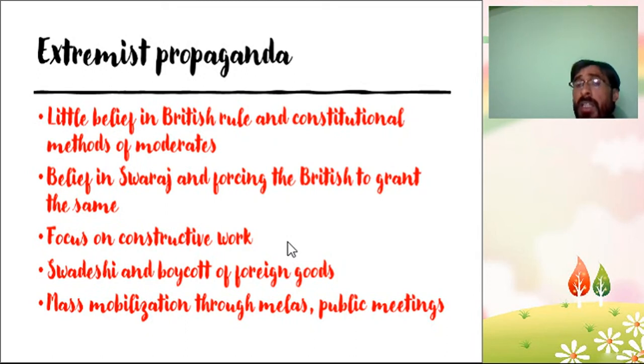They believed in establishing national schools. They also believed in creating awareness through methods like melas and public meetings. Therefore, the British regarded this method as a great danger to their rule. They regarded the extremists as more dangerous than the moderates.